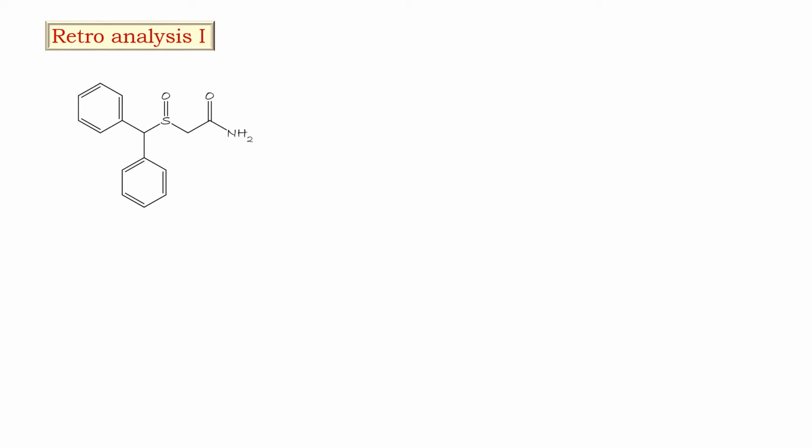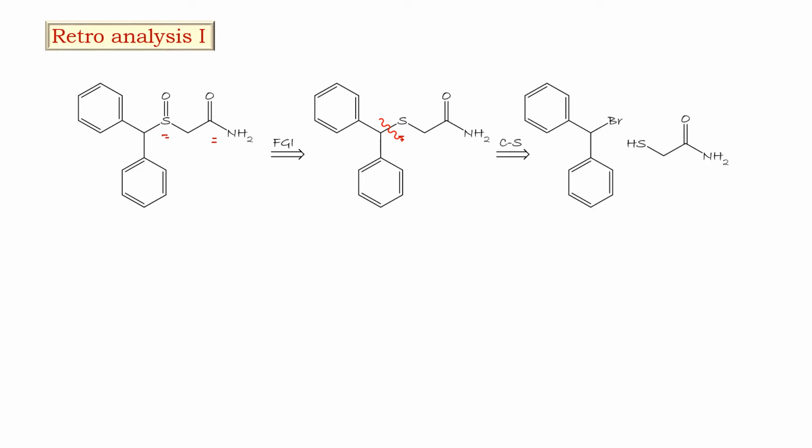Well, retroanalysis, we have here a sulfoxide, amide group, and aromatic rings. Sulfoxide we can get from sulfide, thioether, by oxidation with hydrogen peroxide. If we cut in here to form the thioether, we can start from an alkyl halide, a partially positive carbon, and the nucleophile sulfur.